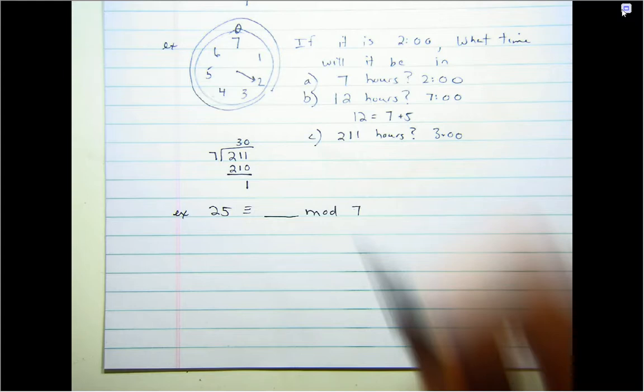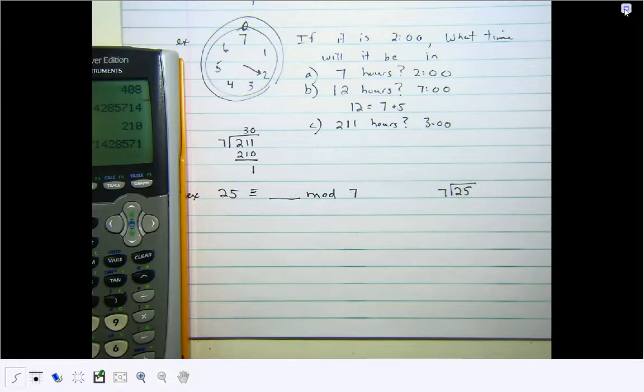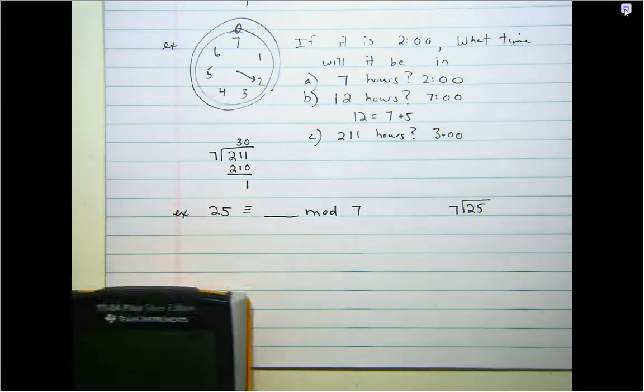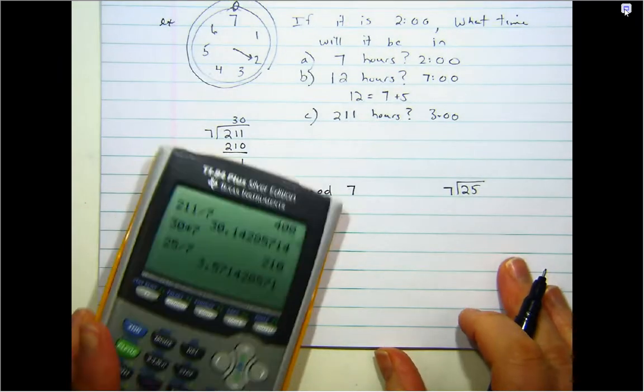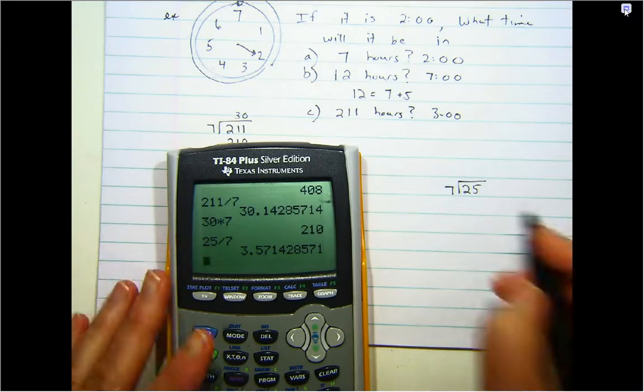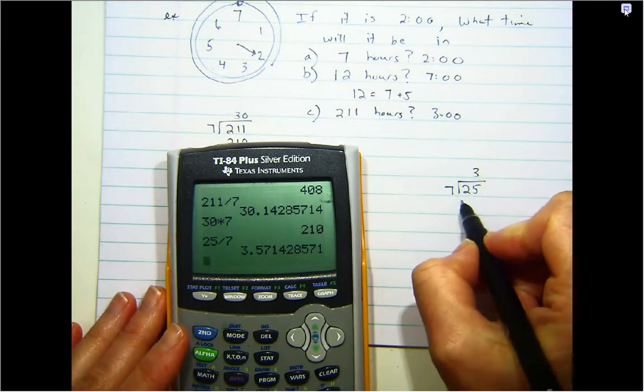Okay, so we take the 25 and we divide by 7 so we can take out multiples of 7. And we see we can take out 3 multiples of 7. 3 times 7 then is 21.